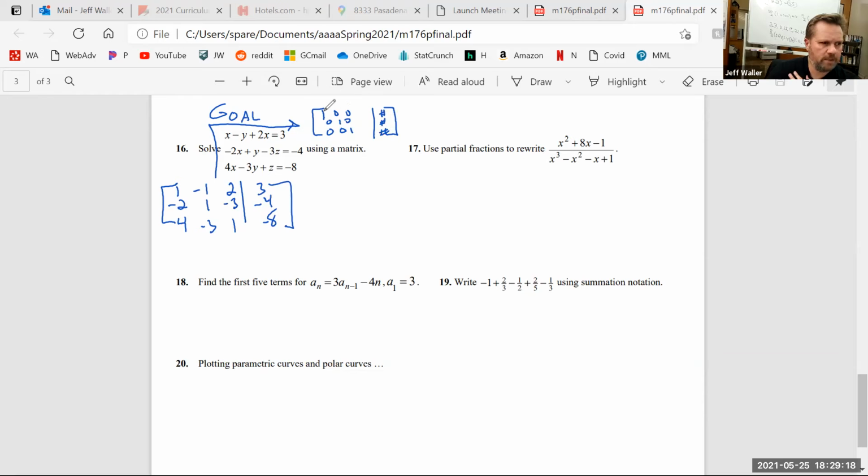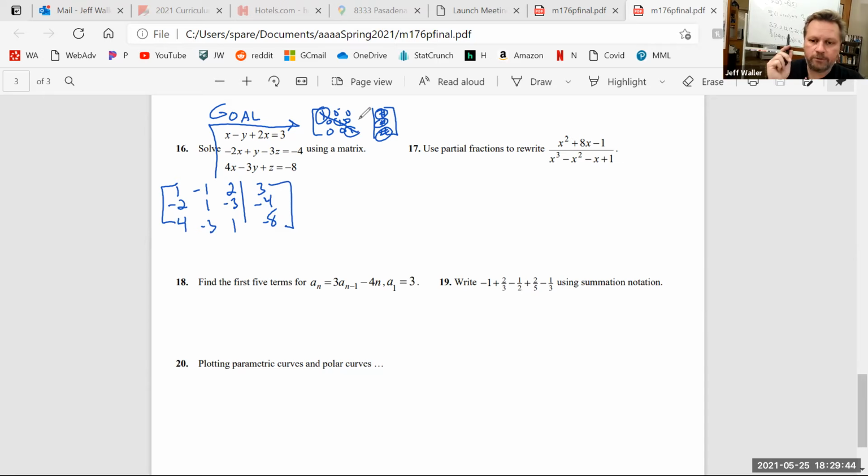Why does that make sense? Because this would say x equals a number, y equals a number, z equals a number, so I would be done. If I can get it into the form of an identity matrix, ones along the diagonal, that means I have figured out what each variable is.